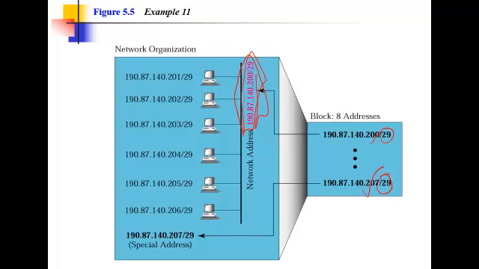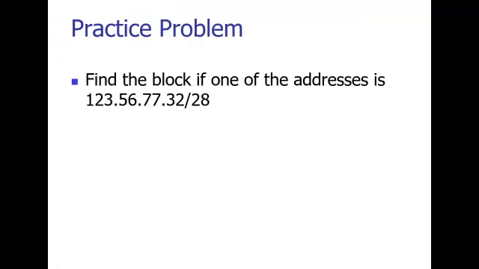Then from 201 to 206 will be the addresses for hosts or clients. And we all know the last address is also reserved for broadcasting and some other purposes, so we can't allot it to any host. In this way we can configure our network. This is the method of CIDR notation or classless addressing, which is very useful to avoid the wastage of IP addresses. This can be a practice problem for you to work out yourself.